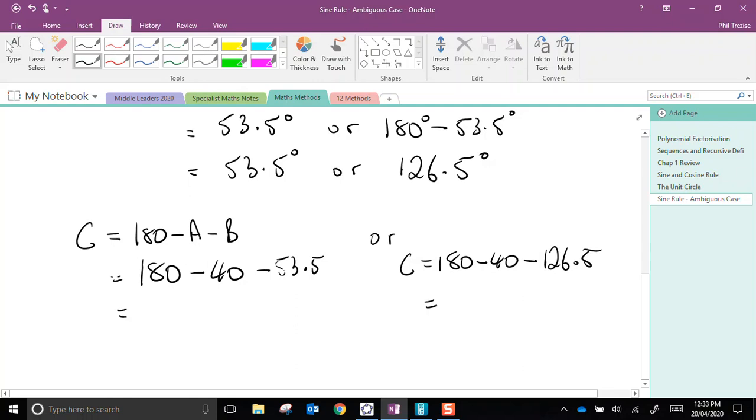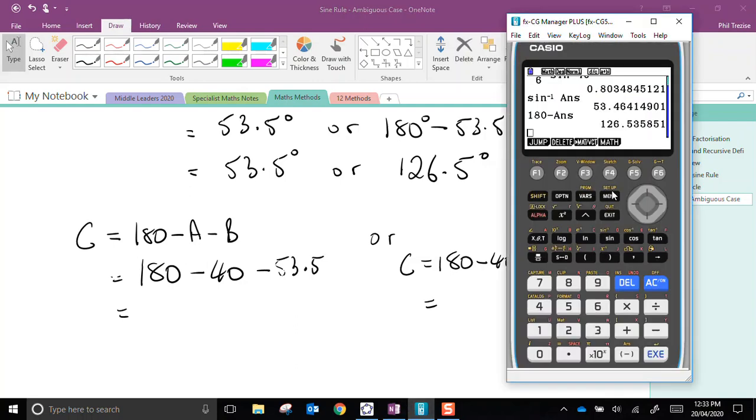Now, both of these are going to give a possible answer. Sometimes the second one here will give a negative answer, in which case it means there was no second solution that existed. But in this case, we will get two different triangles. That's why it's called the ambiguous case.